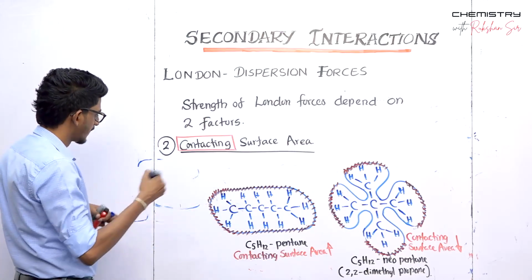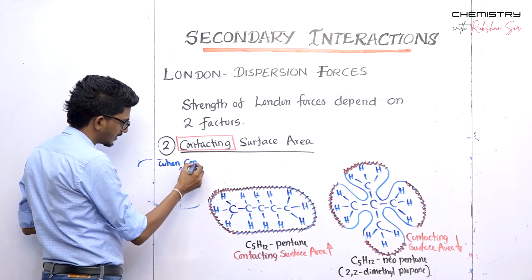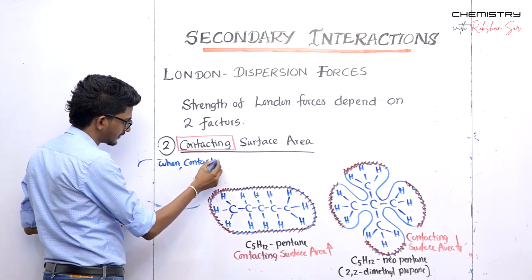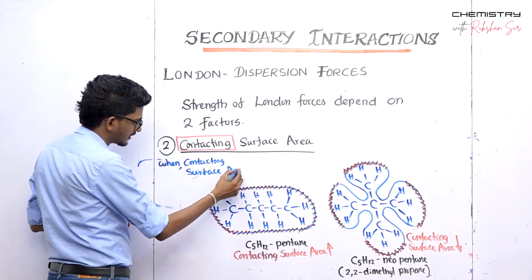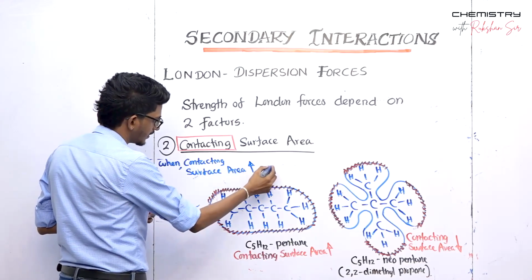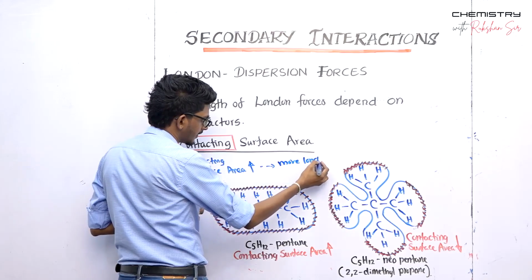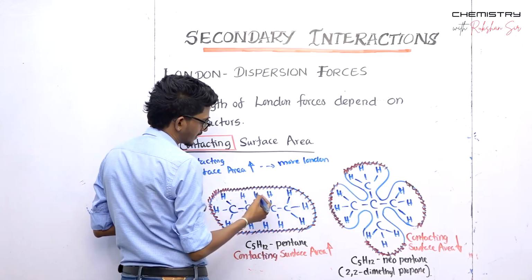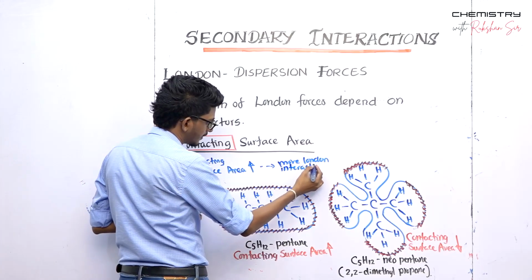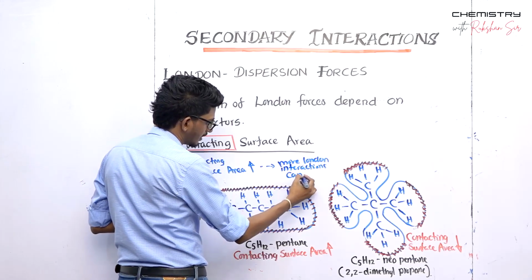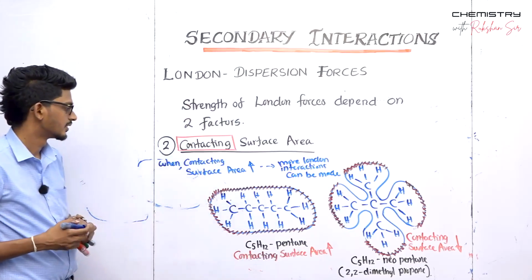So when the conducting surface area is high, you can create more London interactions. That is the idea.